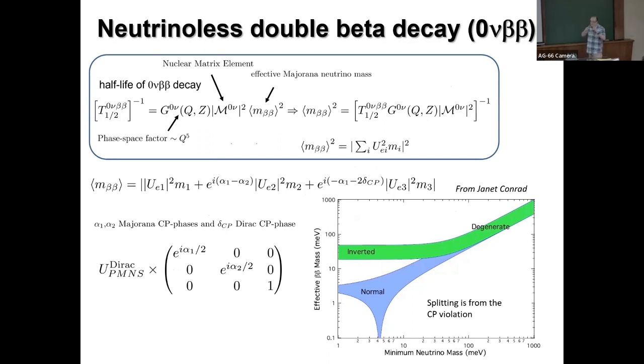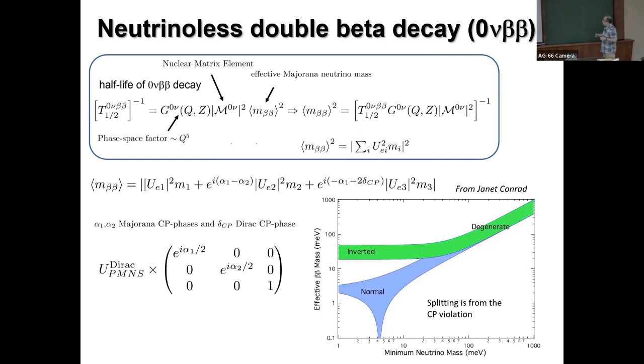Mathematically, the expression is different. This expression can be affected if you have complex phases. If the neutrinos are Majorana, the U_PMNS, the mixing matrix that I showed you yesterday, is going to be altered. I mean, you will have to multiply by another matrix which contains these Majorana phases.